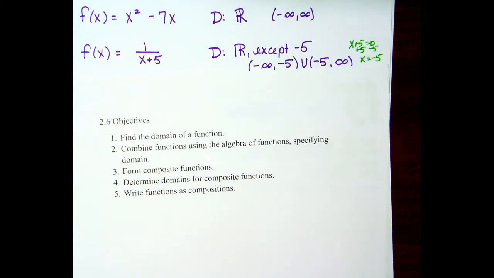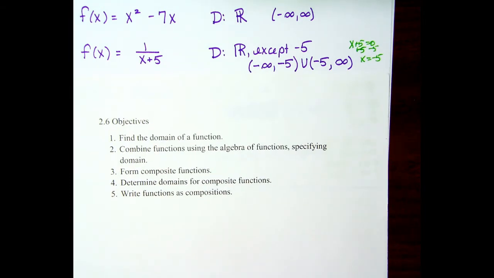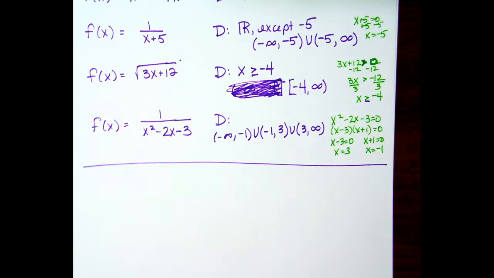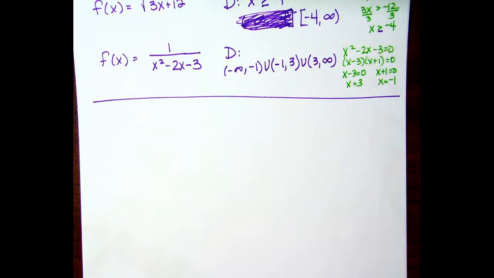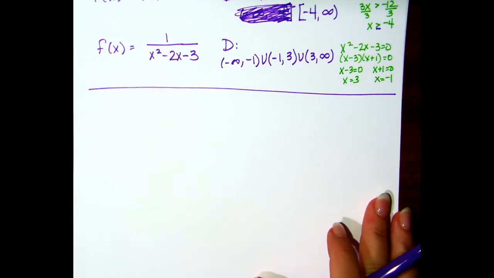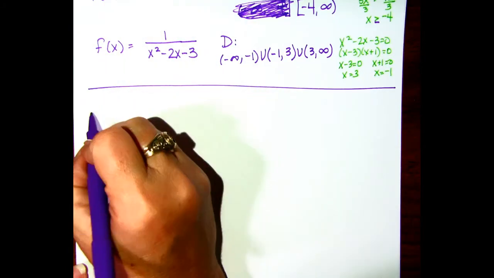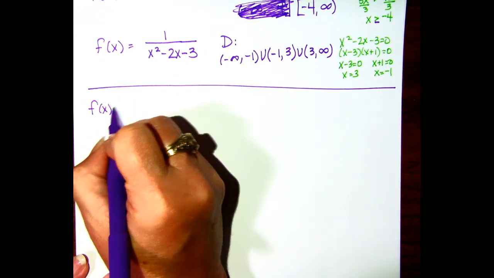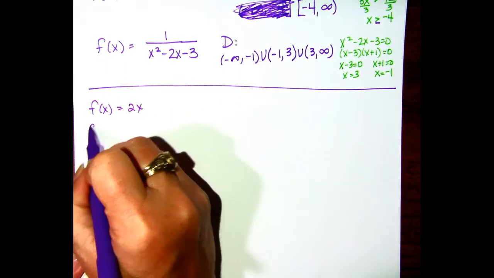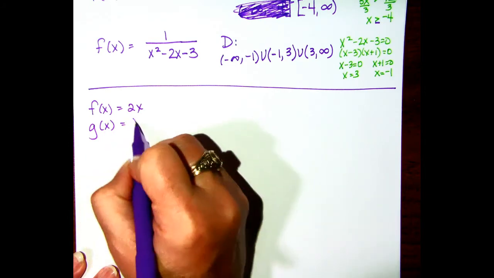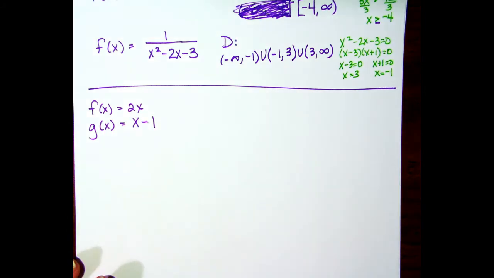Combine functions using the algebra of functions. You ready? This is so hard. F of x equals 2x. G of x equals x minus 1. Those are given to you from the beginning.